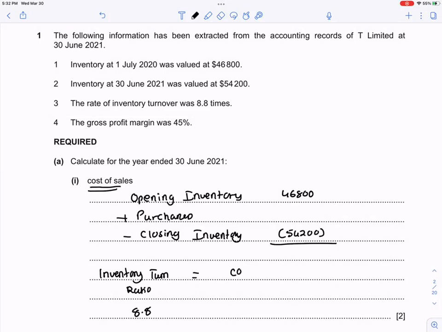What is the formula of inventory turnover ratio? Cost of goods sold divided by average inventory. How do you get average inventory? Opening inventory plus closing inventory divided by 2.